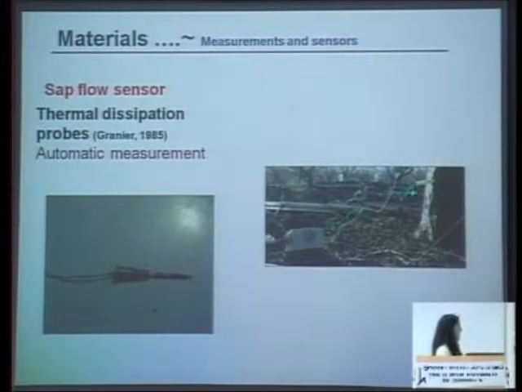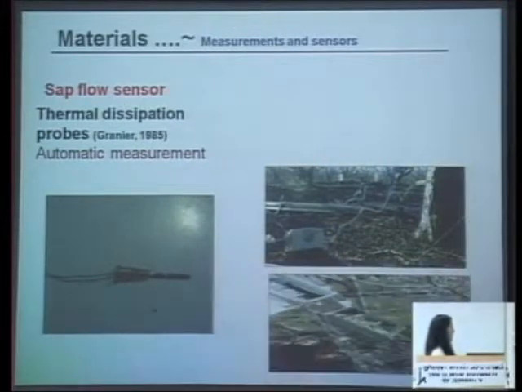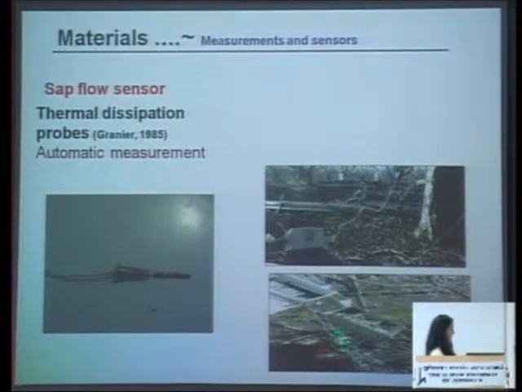We connect these probes to the power board, and the power board to the central electric supply, which was in the middle of the experimental plot, and to the data logger to collect the data.